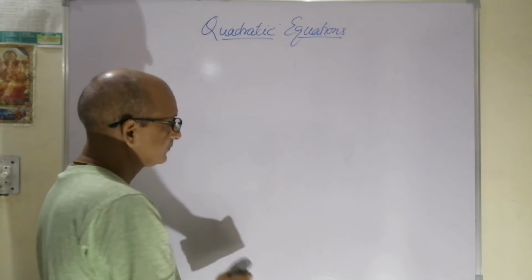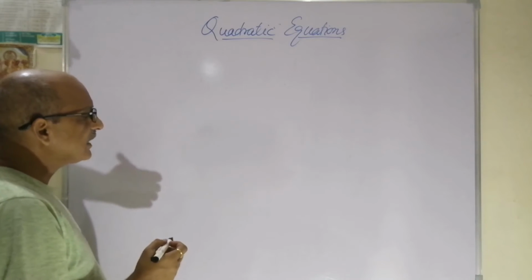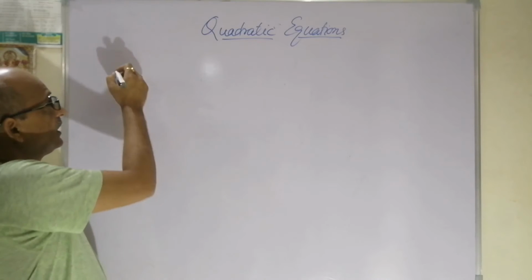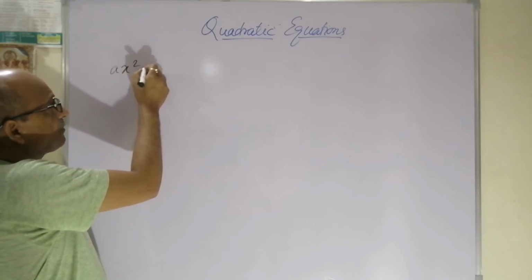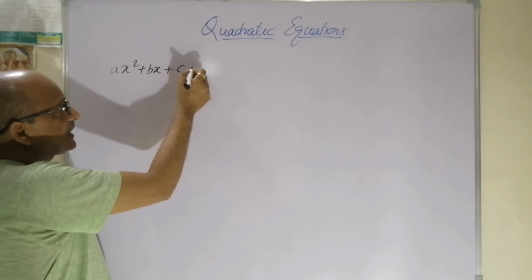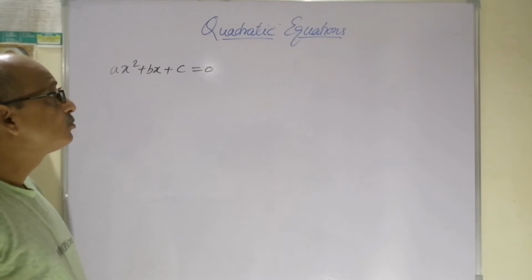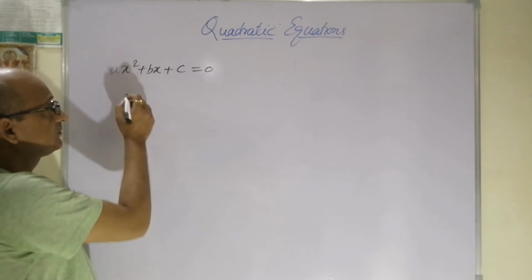Let's take a general equation. The standard form of the equation is ax square plus bx plus c is equal to 0. What shall we do? The first step is to shift the constant to the right.